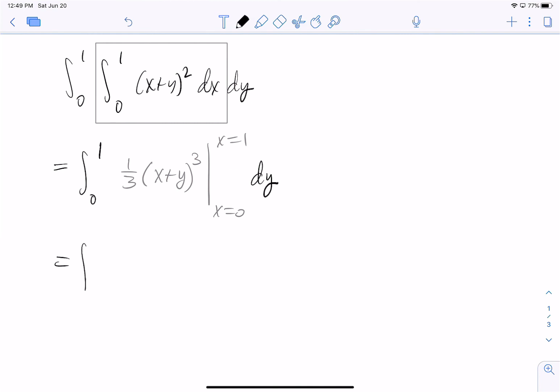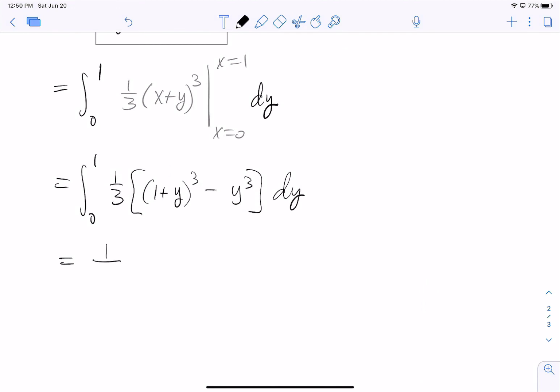Evaluating the integrand now at the limits for x, we have 1/3 times the quantity of 1 plus y cubed minus y cubed, and we're going to integrate that with respect to y. We could expand the 1 plus y quantity cubed and collect like terms, but the power rule applies here, so we'll just use the power rule.